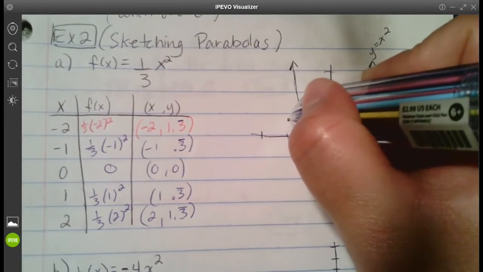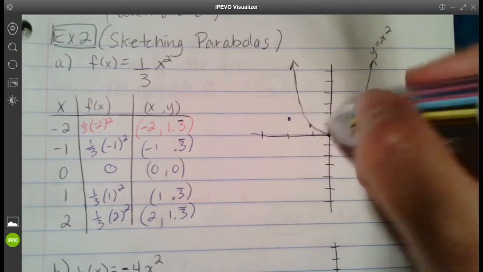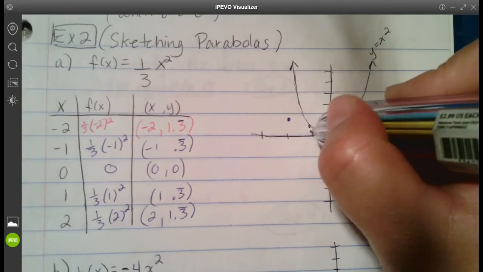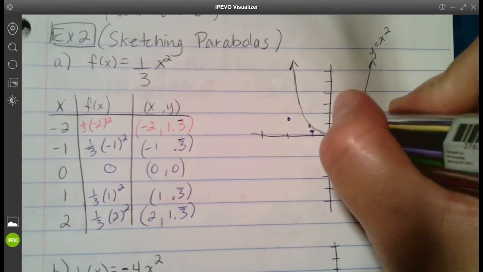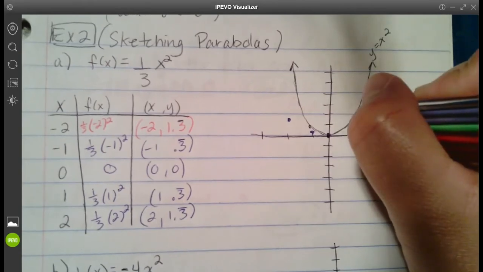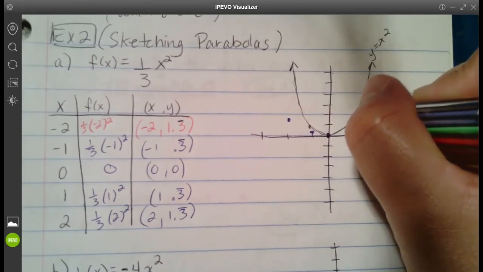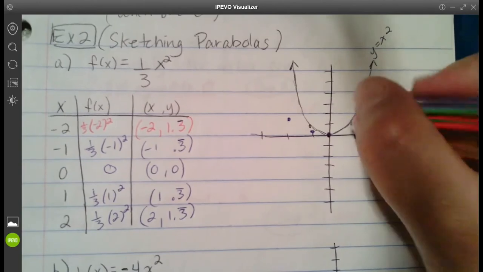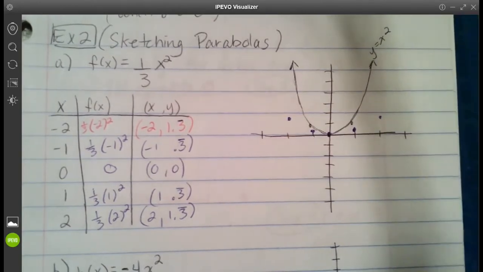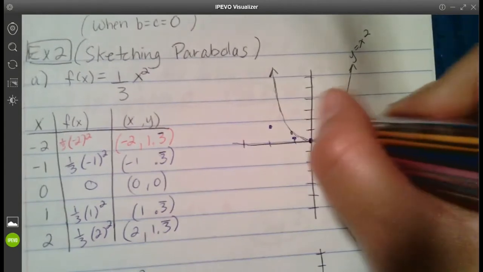And I'm just estimating these points. -1, 0.3 is really close to the axis, maybe right here. 0, 0 is right on par with the original. Then I have 1, 0.3, so it should be symmetric across the y-axis here. And 2, 1.3, so again, symmetric. So we have something kind of like this.